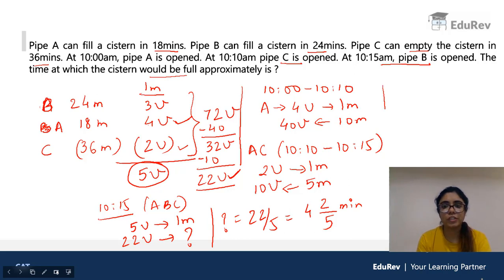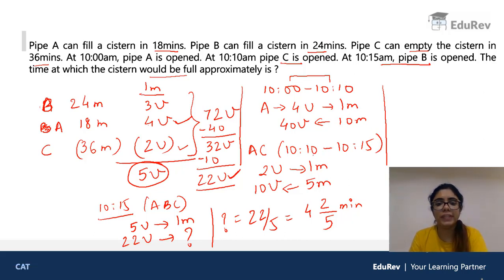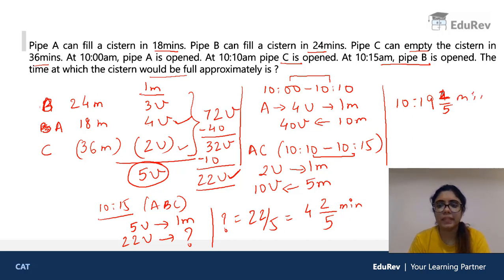Now the question is, at what time is the cistern completely filled? Dekho, A was working from 10 to 10:10. AC was working from 10:10 to 10:15. Now ABC was working from 10:15 onwards, and after 4 2 by 5 minutes the cistern was full. So the time will be 10 o'clock 19 2 by 5 minutes.